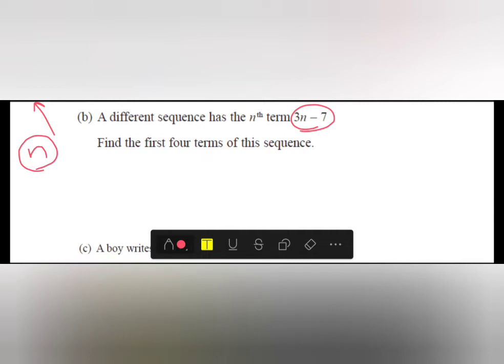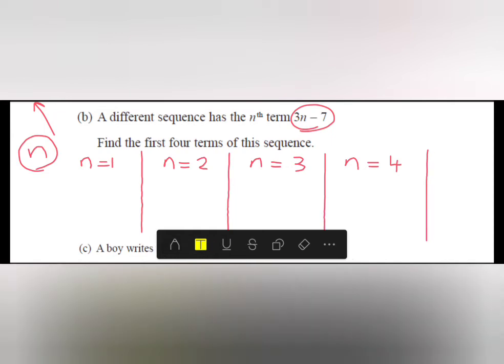So we write the first term n equals 1, and then n equals 2 the second one, and then n equals 3 the third one, and then n equals 4 the fourth one, which is the last one. Now with the first one here, let's put a line here so we can find it out.